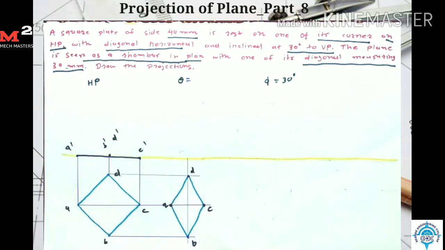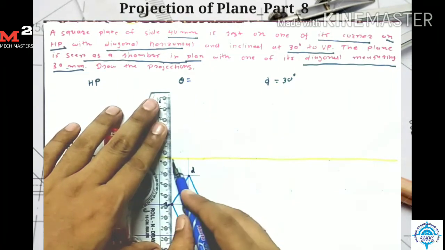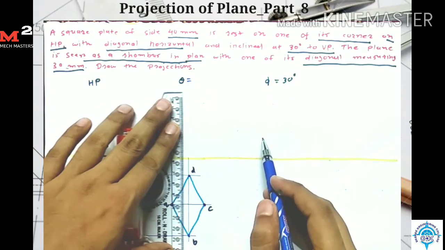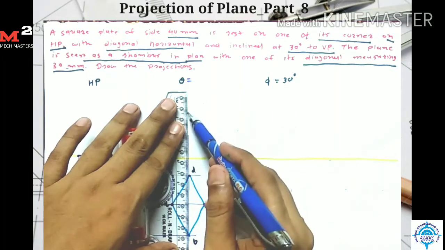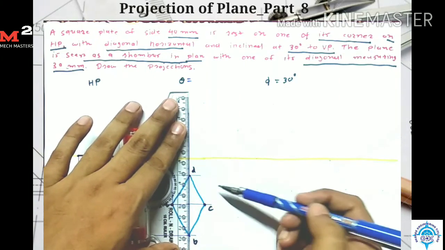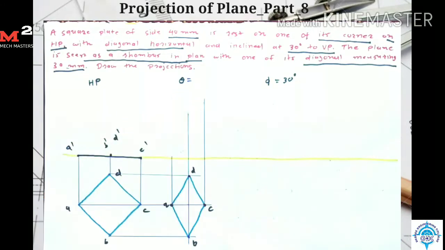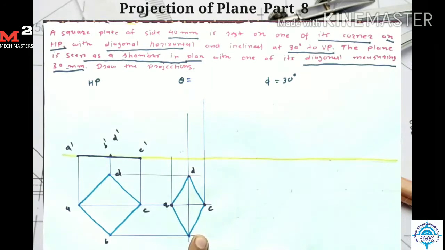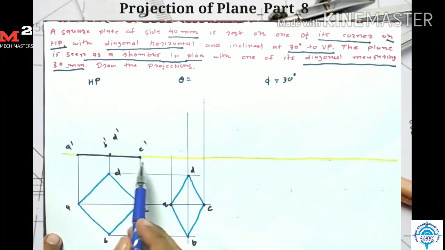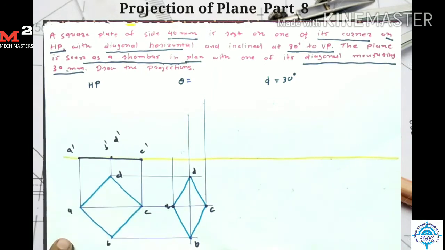Now for getting the front view I take the projection for point A. Now here for getting the point C I have two conditions. Okay, we get the point C on this projection line. Okay, and second, the distance of point C from the A is equal to A dash C, this distance.